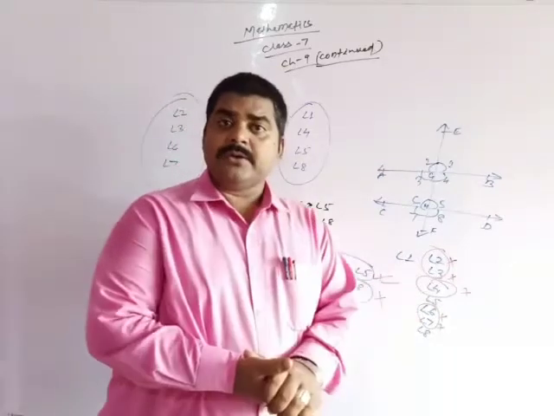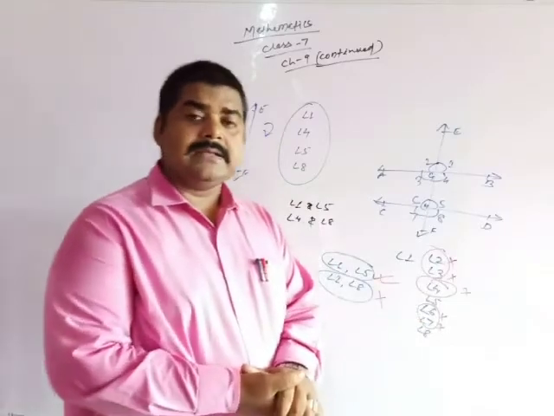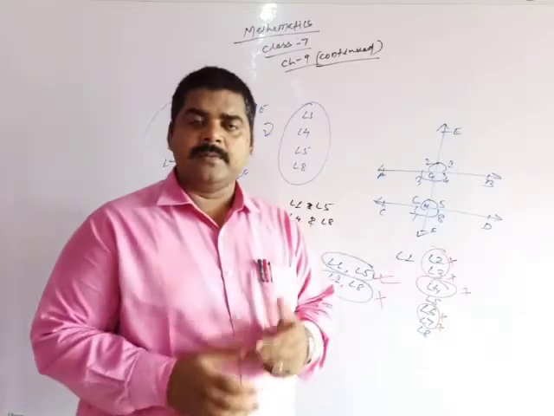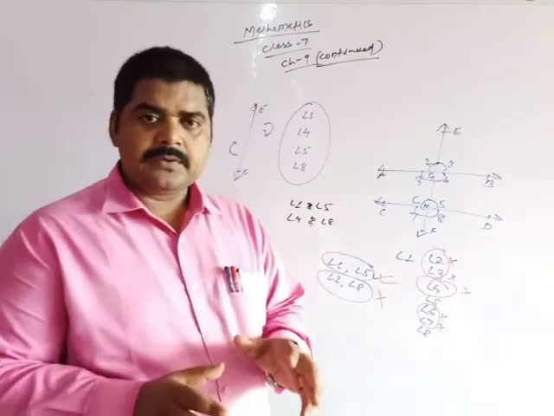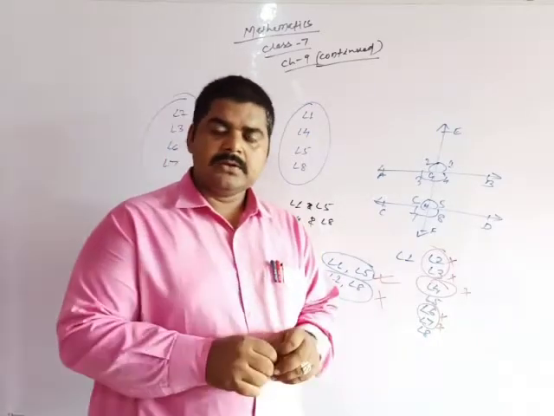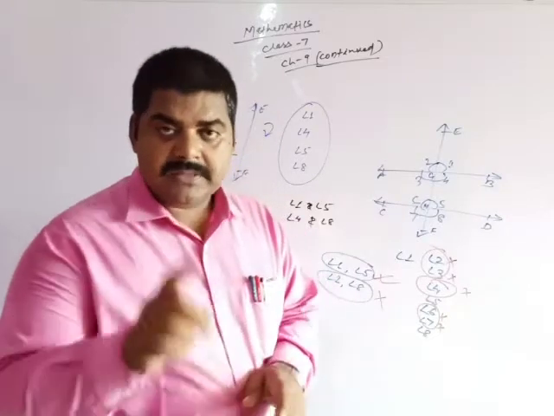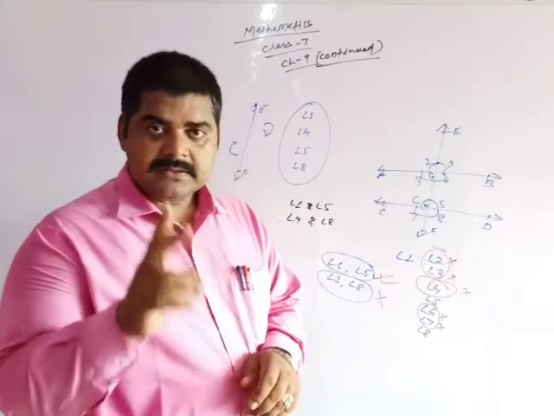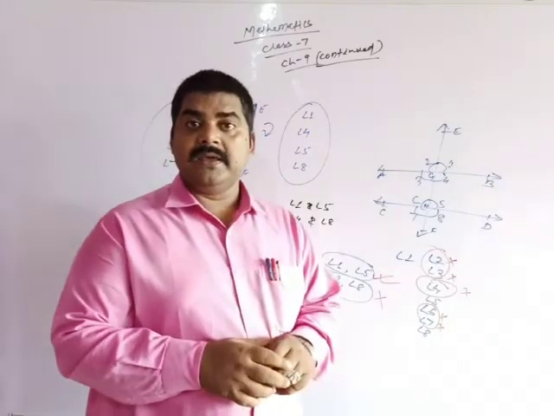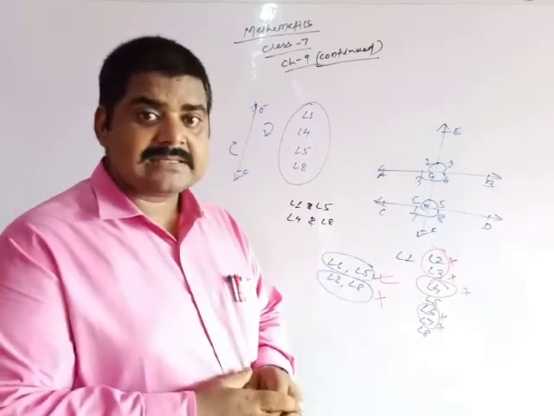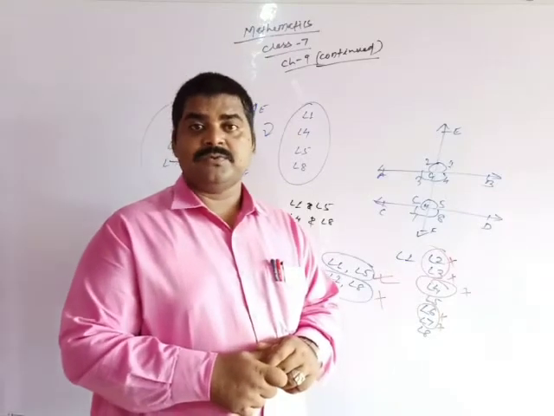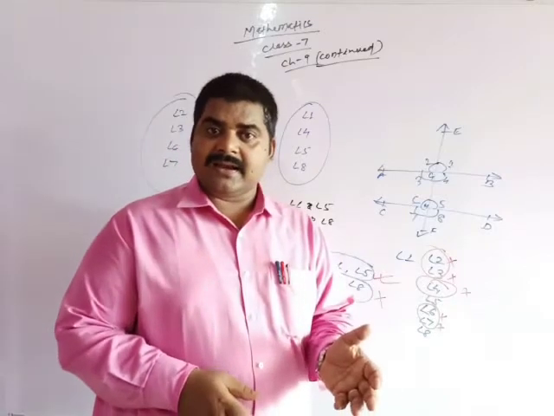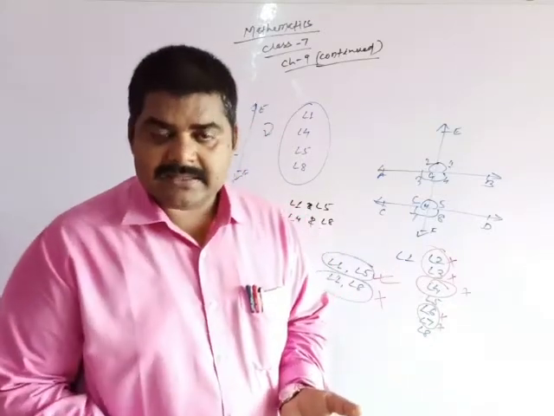Now overall, what you have understood is that corresponding angles follow certain rules. Two angles are said to be corresponding angles if, first, which you have to write in the copy, they are on the same side of the transversal. Second, they should be non-adjacent angles. Third thing to keep in mind, if one is interior then the other is exterior.